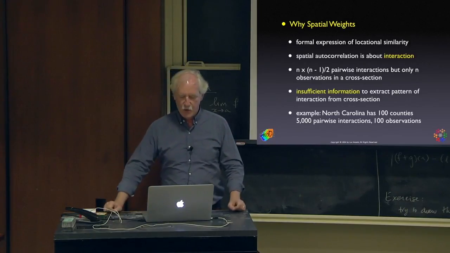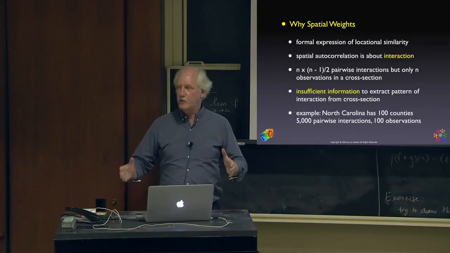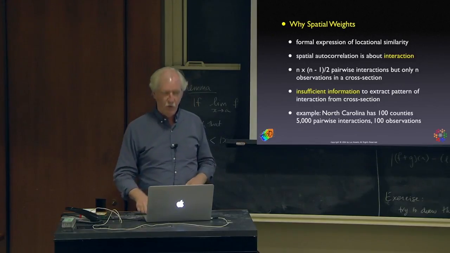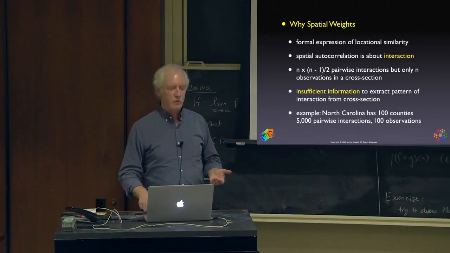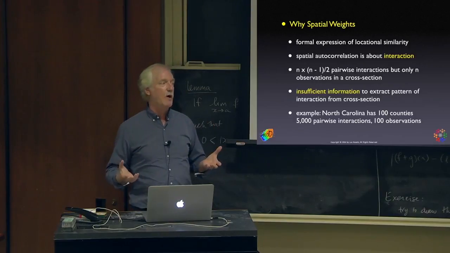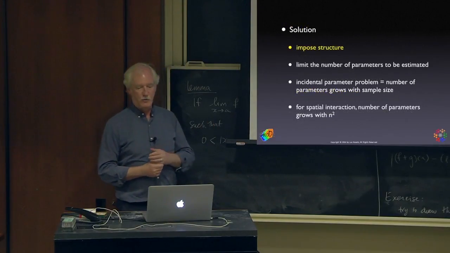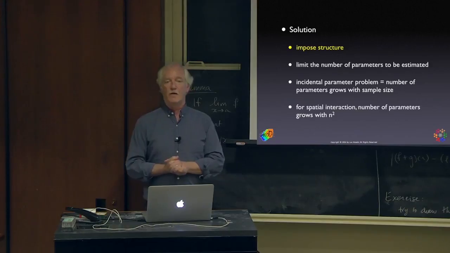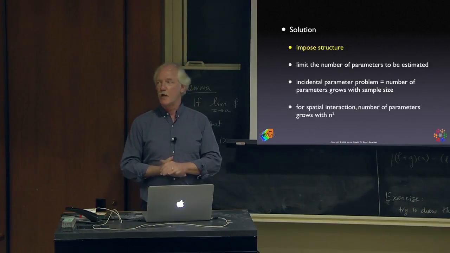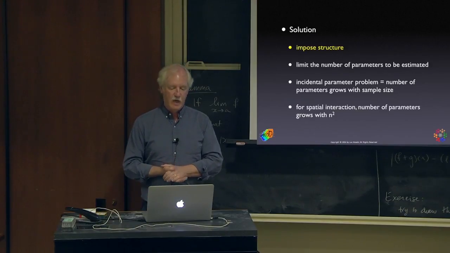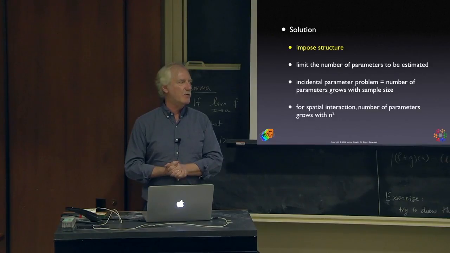So that doesn't work. So what do we have to do? As I mentioned before, we have to simplify the problem, right? And we simplify the problem by imposing structure and by limiting the number of parameters, by limiting the interaction. Technically, this problem is called the incidental parameter problem.